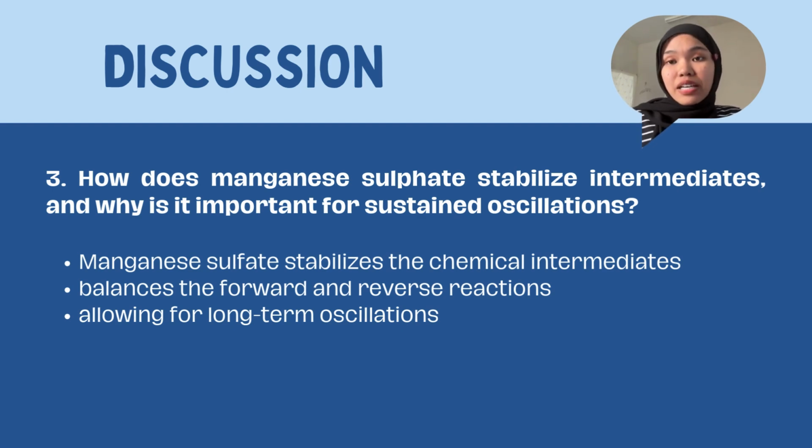It enables faster and more consistent transitions between the oxidation and reduction phases. This ensures that the reaction proceeds efficiently, preventing any bottleneck that could disrupt the oscillatory behavior. Without manganese sulfate, the reaction will slow down or become unstable, potentially stopping the oscillations altogether.